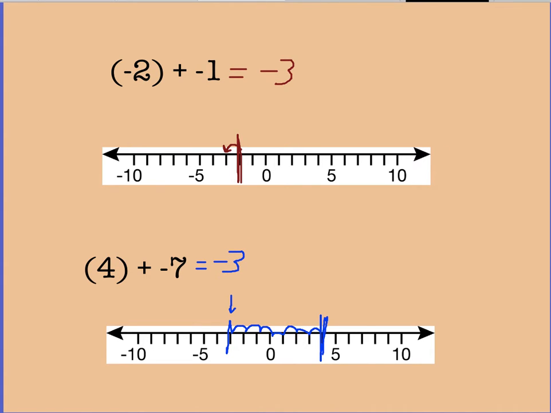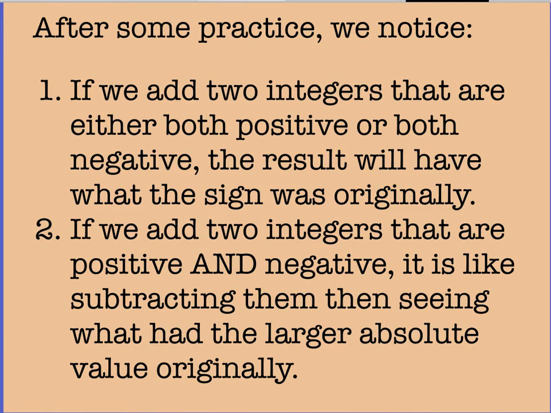Using the number line can help us, and as we practice more and more, we're going to develop patterns. As you develop these patterns, you're going to notice these things with some practice. If we have two integers that are either both positive or both negative, the result will have what the sign was originally. So we're going to think of adding those values and then put the original sign on there.